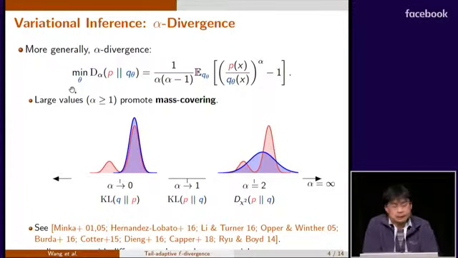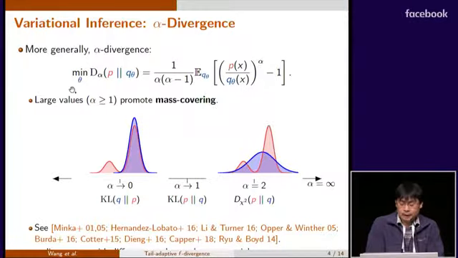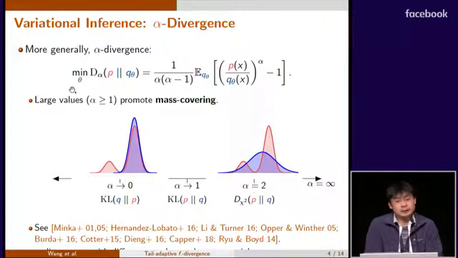Now, it turns out that KL divergence is not the only choice for variational inference. There has been a lot of research showing that in many cases, using what's called alpha divergence is actually much better. Alpha divergence is a generalization of KL divergence, replacing the log function with a power function.